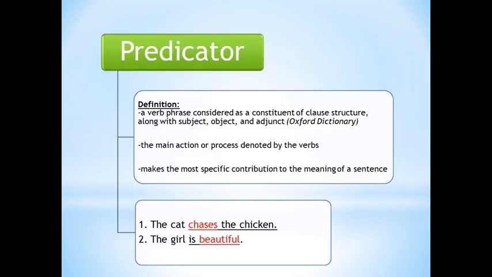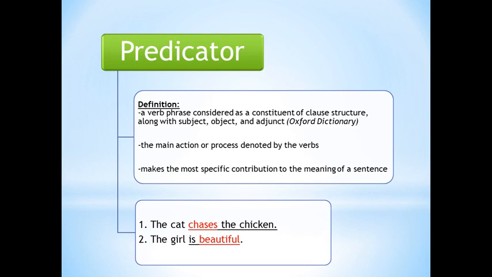Then what is predicator? Predicator adalah sebuah frasa kata kerja yang dipandang sebagai unsur pokok dalam struktur klausa bersama dengan subjek, objek, dan adjunct.